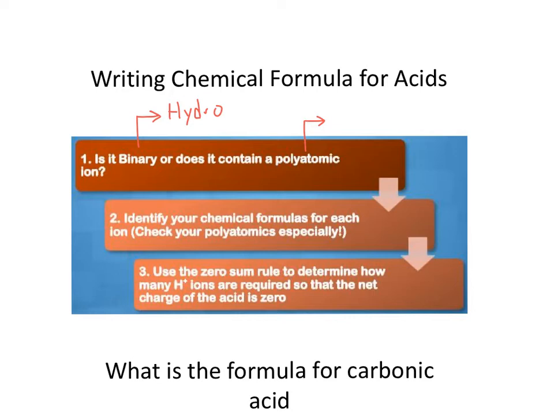So I guess the way I think of it is it sort of mentions an element first, like nitrate or sulfur. So there's some sort of mention of an element that comes first.